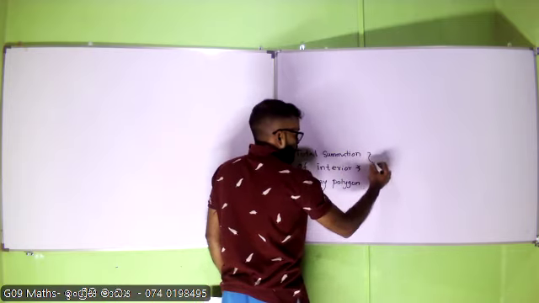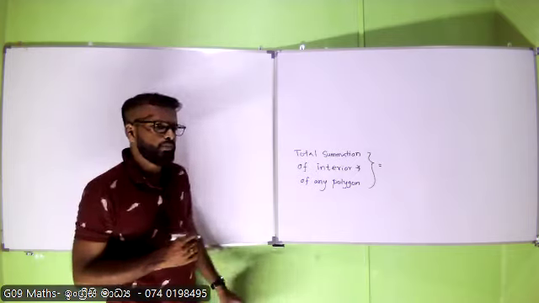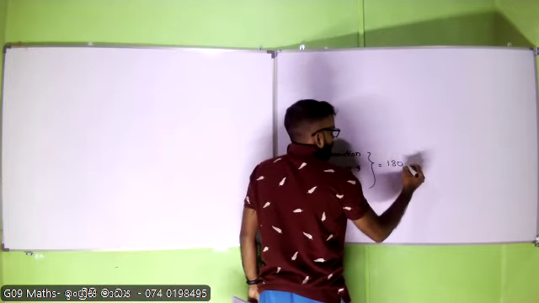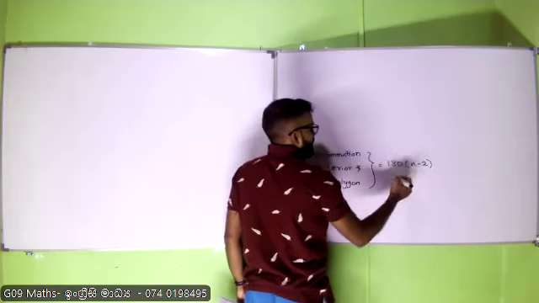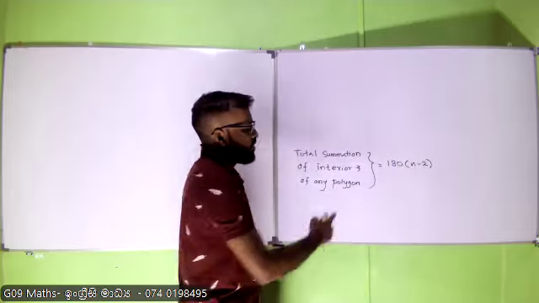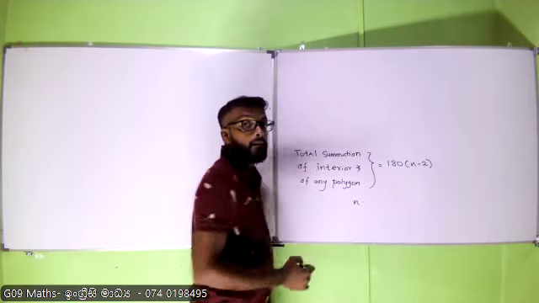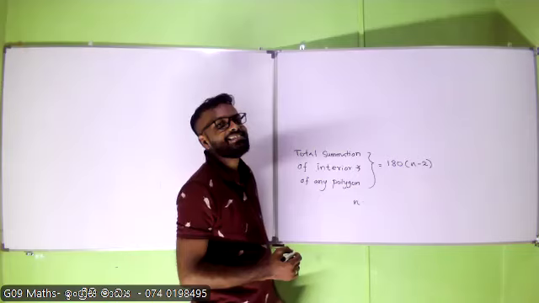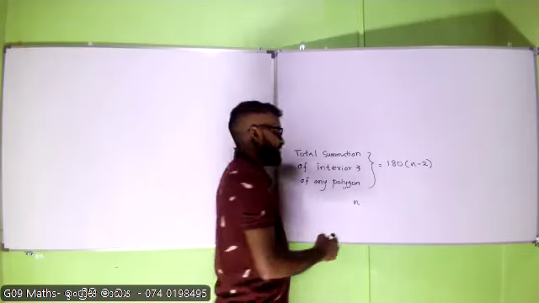Right. So what would be the relationship that we discussed last week? 180(n minus 2). Yeah, super. 180(n minus 2). What do you call this n? Number of sides, right?